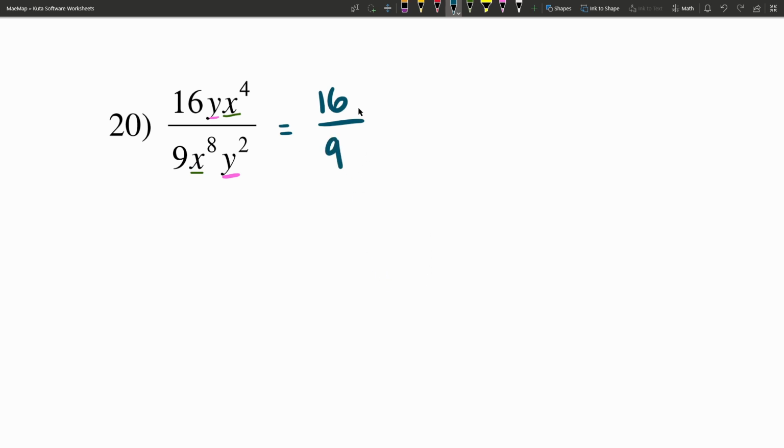Now let's start with working out our x's next. x to the 4th over x to the 8th is x to the 4 minus 8. I know I'm going to have more x's in my denominator since I have x to the 8th, and 8 is bigger than 4, and it appears in my denominator. So when I work out this x to the 4 minus 8, I'm going to get a negative exponent. Then looking at y, I have y to the 1st over y squared, that's y to the 1 minus 2.